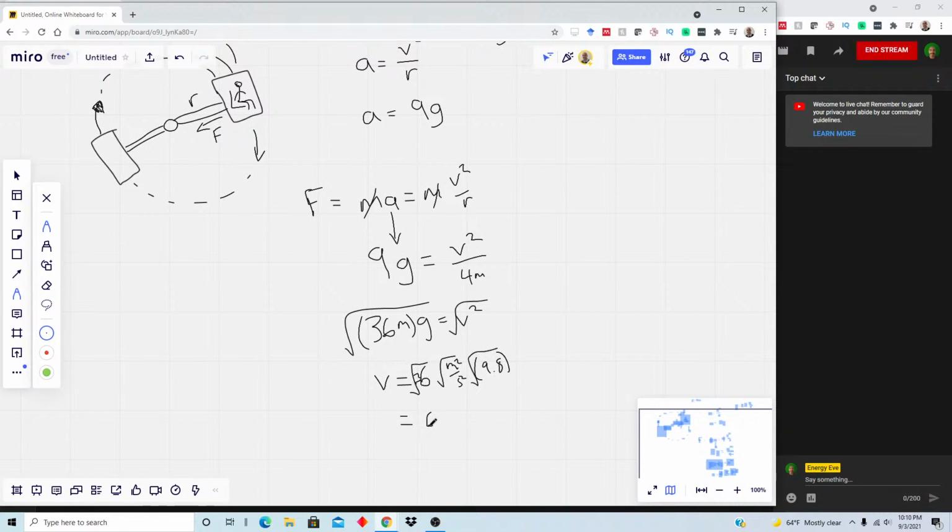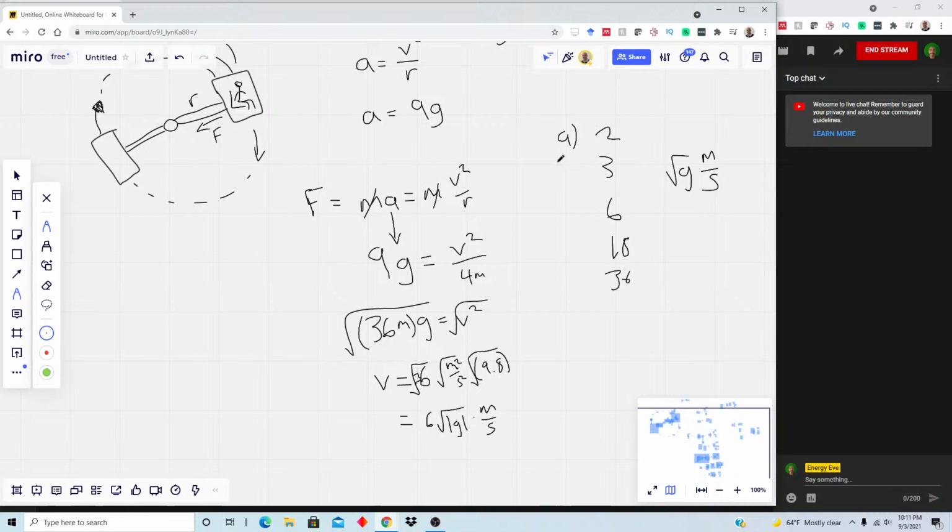So this is going to be 6 times the square root of the magnitude of g, times meters per second. Of the answer responses we have, all have units of g meters per second, and the responses were 2, 3, 6, 18, 36. We solved it out at 6, so this would be C.